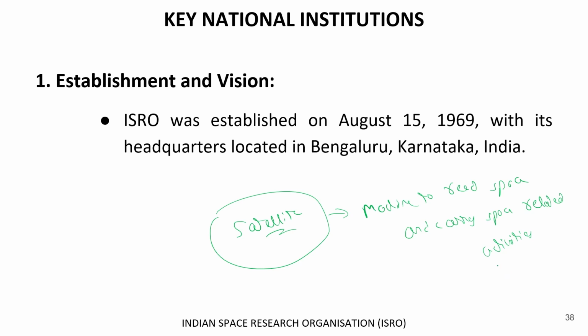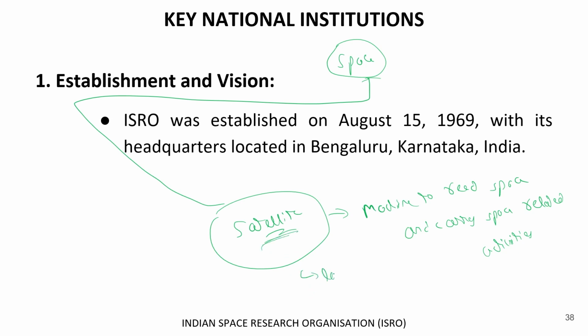The satellite must go to space, then only it will be able to do the space related studies. So the launching of the satellite is a crucial thing because it requires a proper launcher. How? I will tell you in this lecture. Till now just remember, it requires a proper launcher.